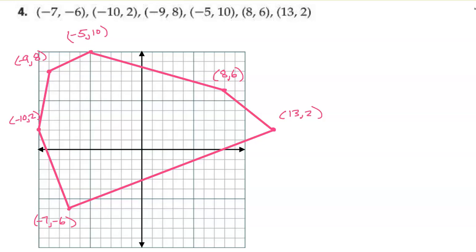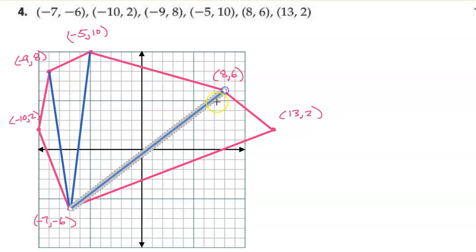Okay, so here's the polygon that we need to find the area of. The first step is to split the polygon up into triangles. So just pick a vertex and start drawing diagonals that will form triangles. So if I go like this, I see that my first triangle, and I'm just going to keep going using the same starting vertex over and over again.